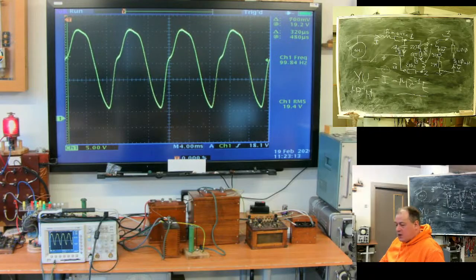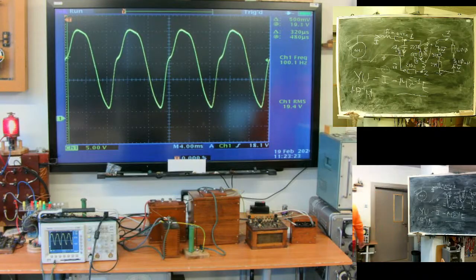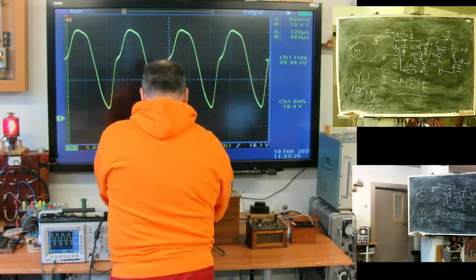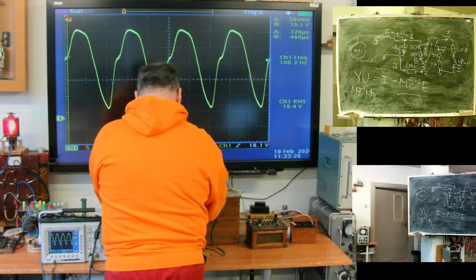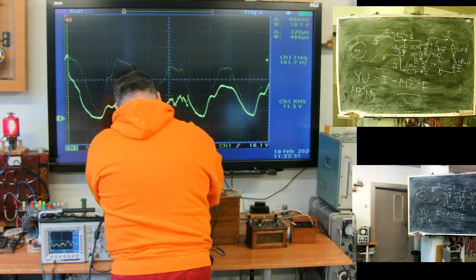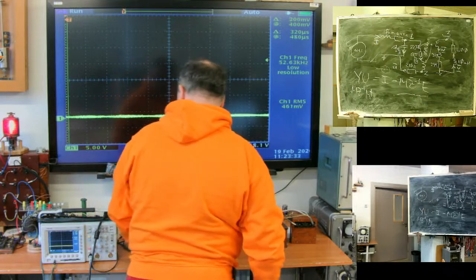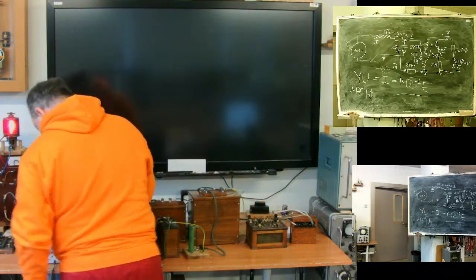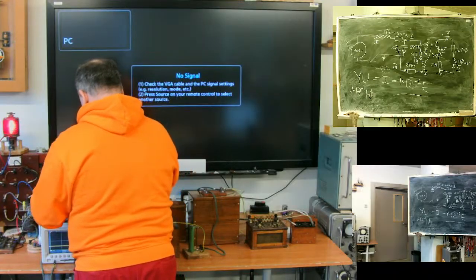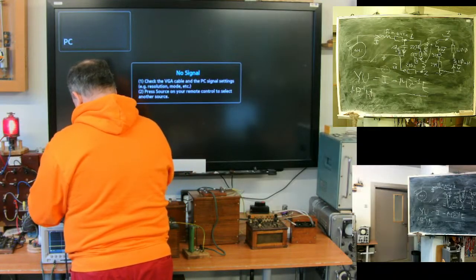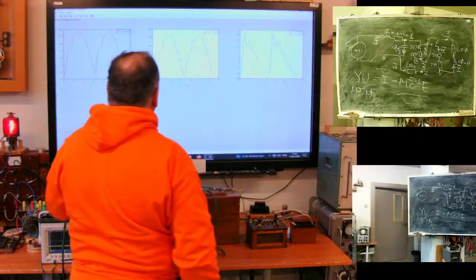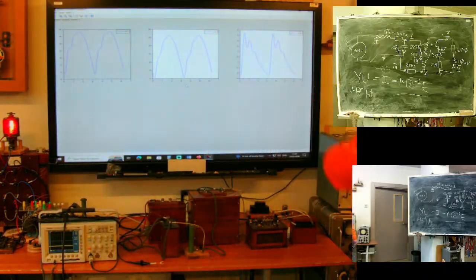I don't know why. Let's take a look on voltage at node 3. Voltage at node 3 is a very characteristic one. Oh, see, voltage at node 3, 5 volts.